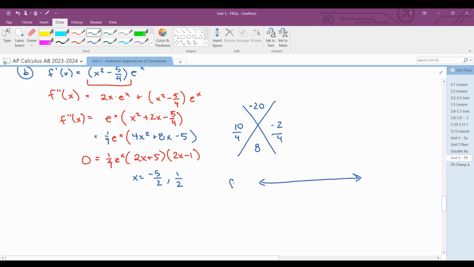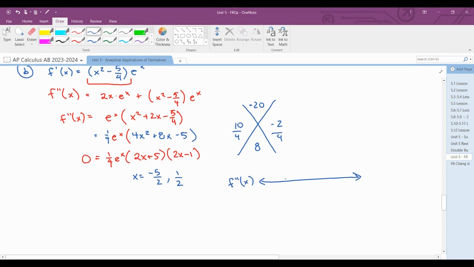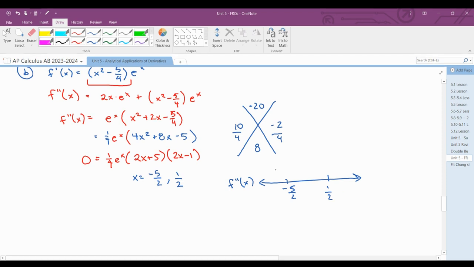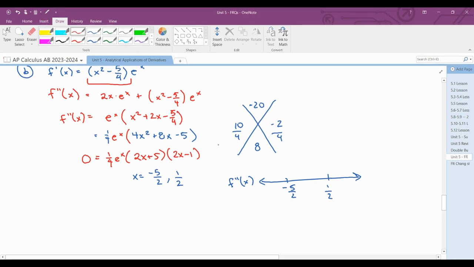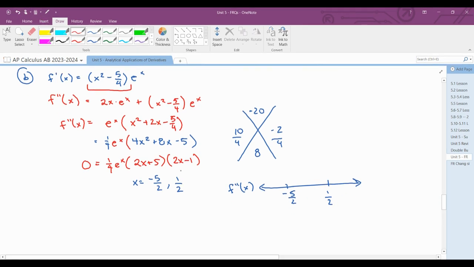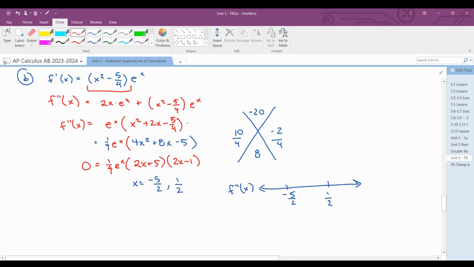And so because it's inflection points, we're plugging it into our second derivative. And so here, if you're plugging in something in this interval, you can plug in like negative 1,000, and then make sure you plug it into your second derivative here. So if you didn't do the trick, you'd probably plug it into this over here.